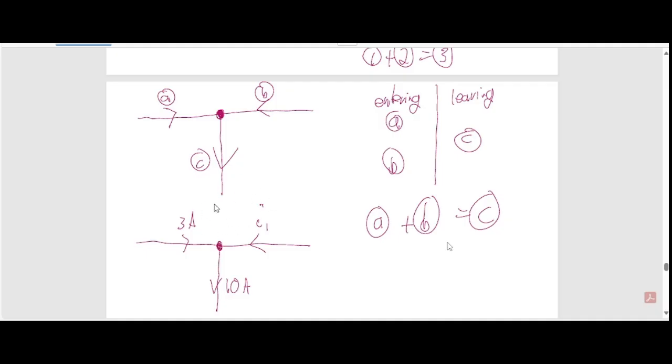Which currents enter? Now you have values, so here it's 3 plus I1 entering, and 10 amps leaving. You have an equation you can solve. So I1 equals 10 minus 3, so I1 is equal to 7. Everybody understand what I did there? 7 plus 3 is 10. You're just looking at the arrow directions. That's really all it is.